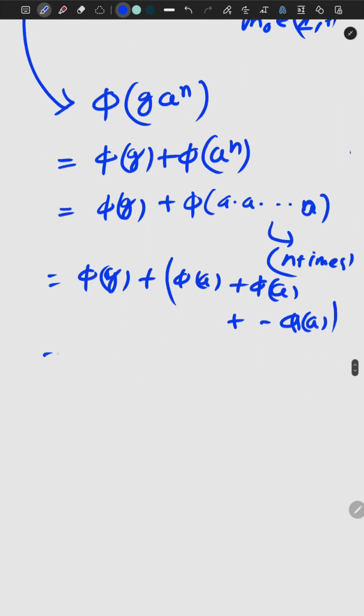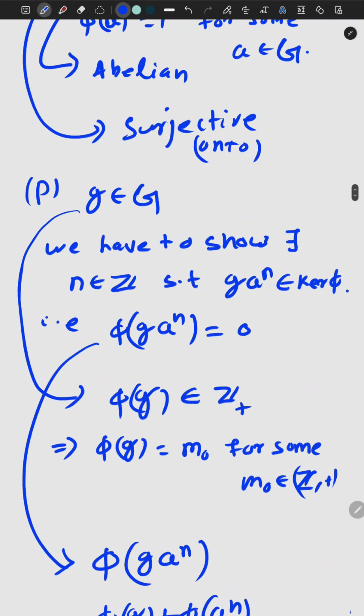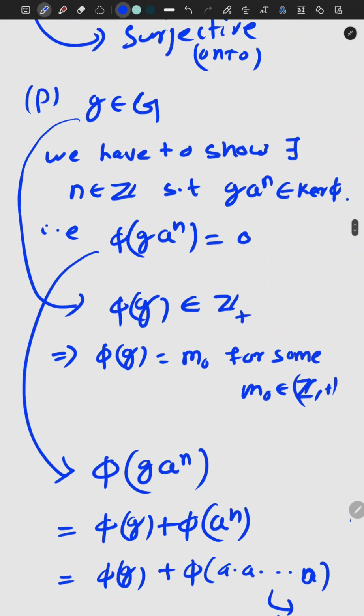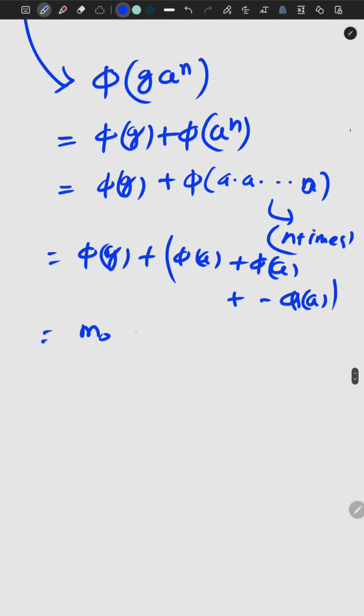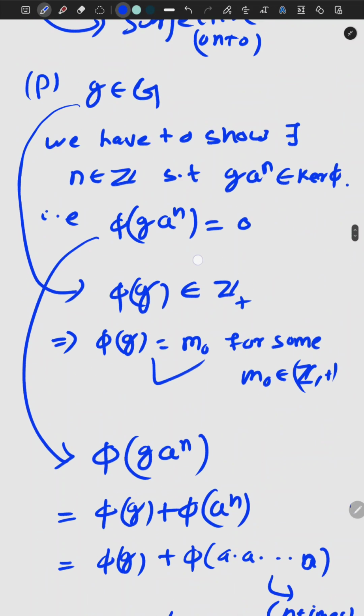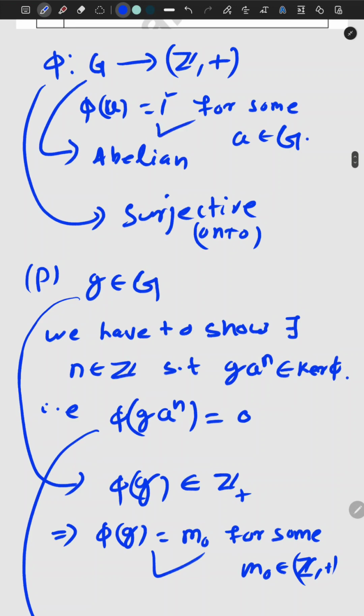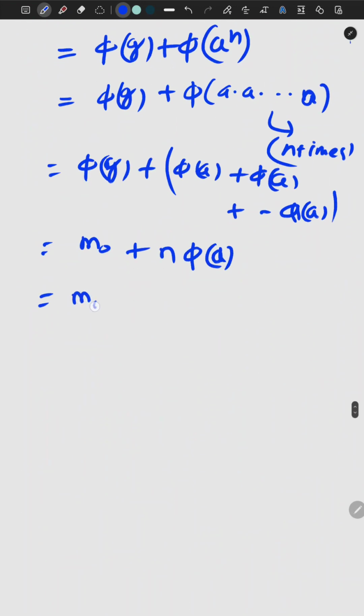Phi of g equals m0, because we have assumed it, and phi of a is 1. So it gives m0 plus n times 1, which gives n plus m0, because Z plus is an abelian group.